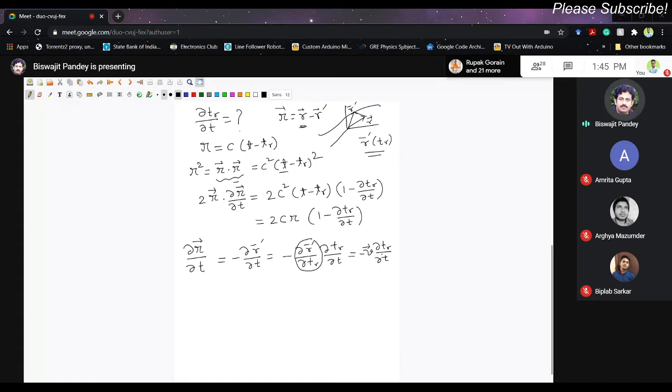Then let us substitute this. The 2 can be cancelled from both sides. So we have c𝓇(1 minus ∂t_r/∂t) equal to, substituting the value of ∂𝓇/∂t here, minus 𝓇 dot v ∂t_r/∂t.